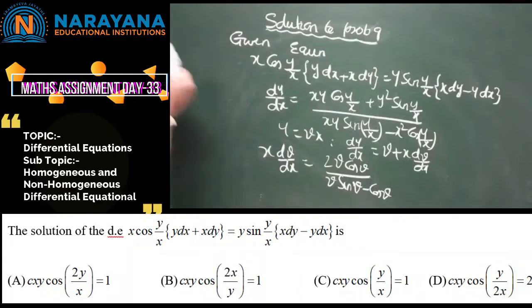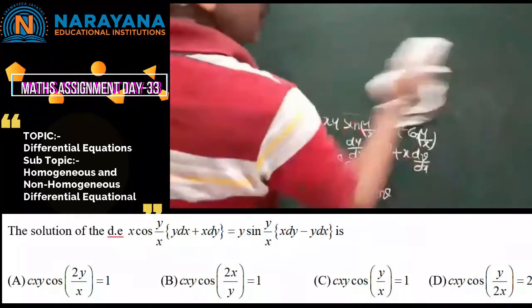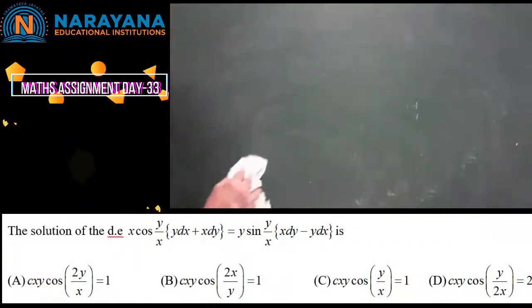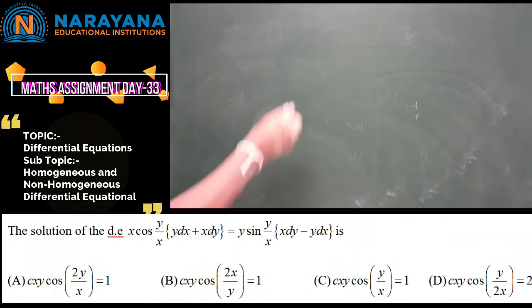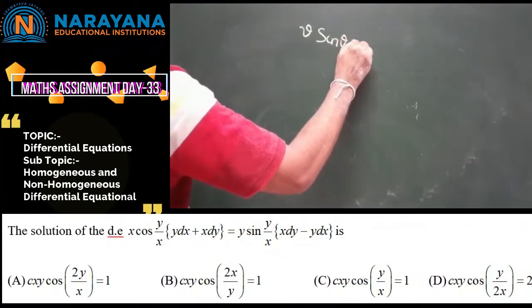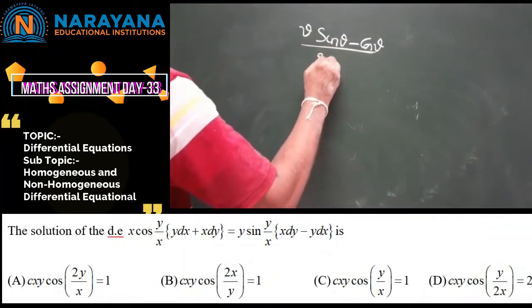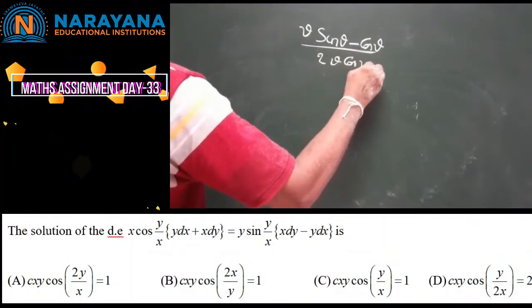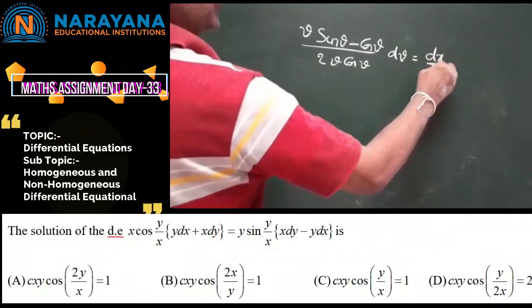Now, after applying the variable separable method, we can get this particular value like this: (v sin v − cos v) divided by 2v cos v dv is equal to dx/x.